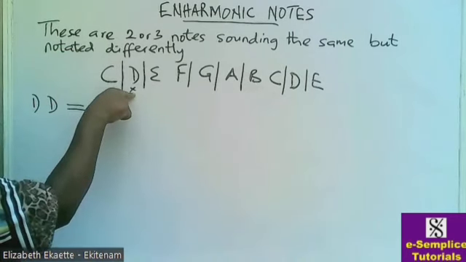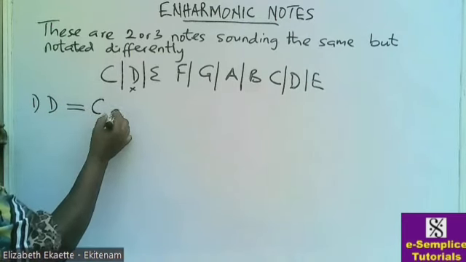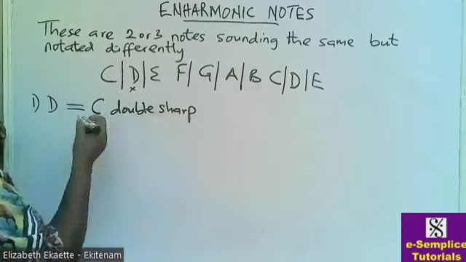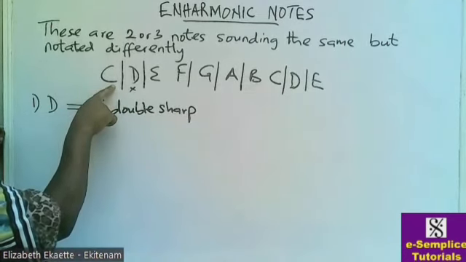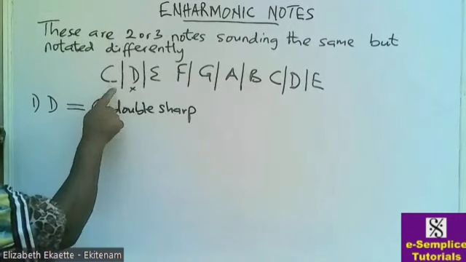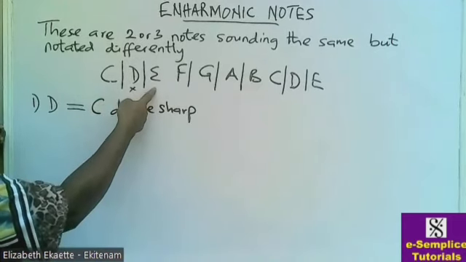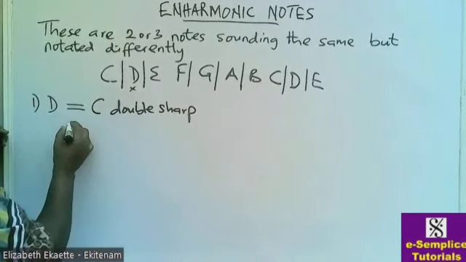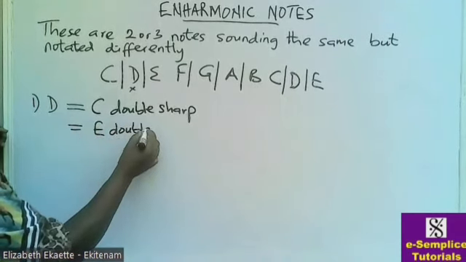Another note that will sound exactly like this is going to be C double sharp. If you sharpen C twice, it will land you on D. So you have C to C sharp to D. Now, from this side, if you flatten letter E twice, it will also put you on D. So another alternative is E double flat.